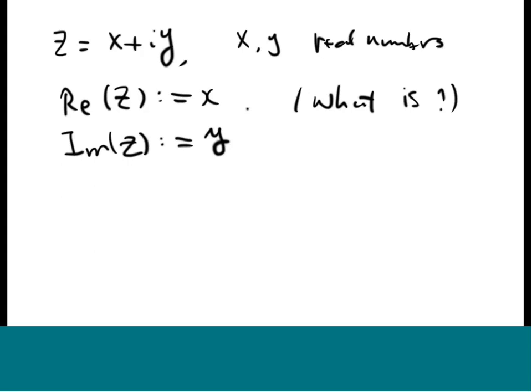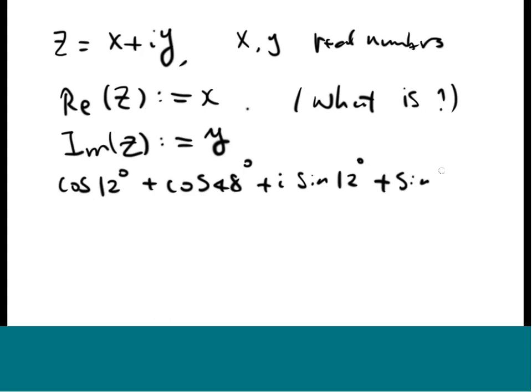So our problem is cosine 12 plus cosine 48 plus i times sine 12 plus sine 48. Then she asks you to calculate that thing. That's it. Skylar, do you have this one?